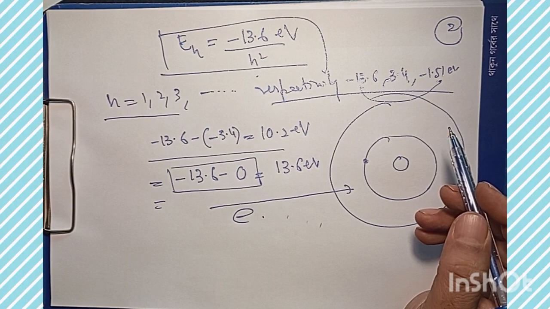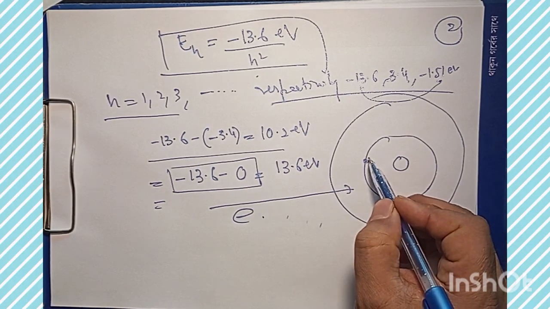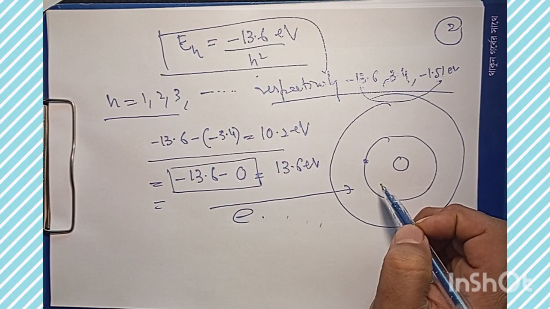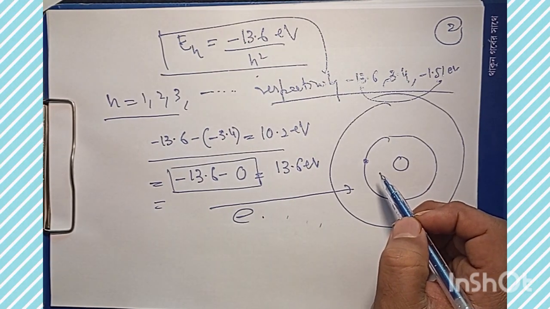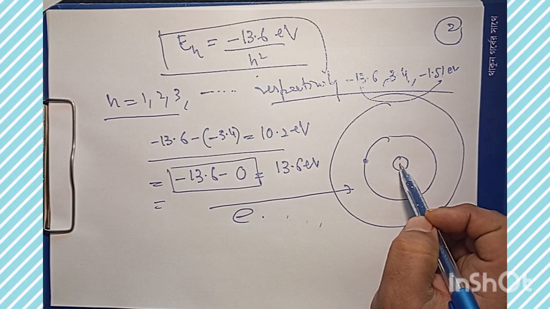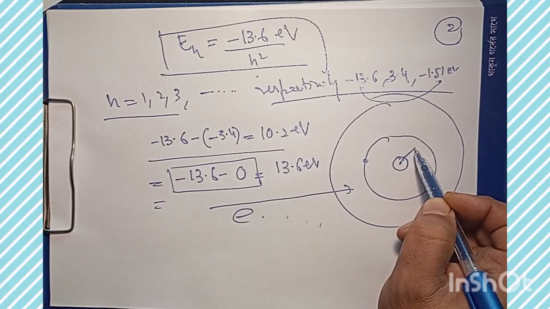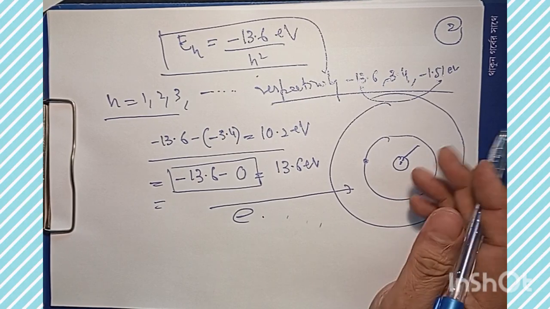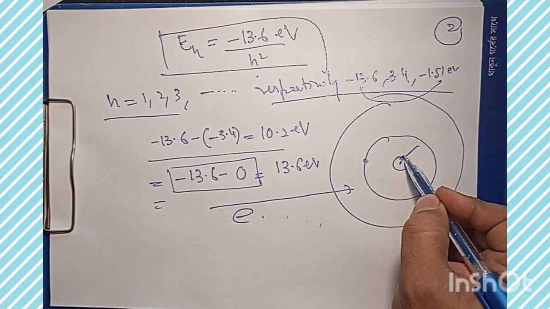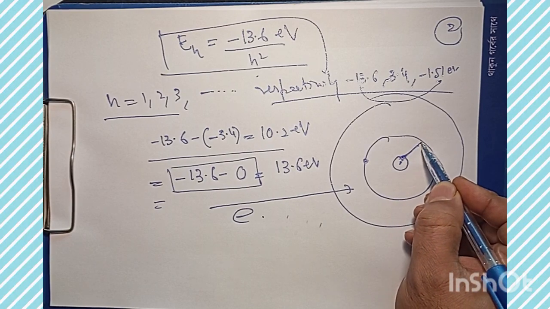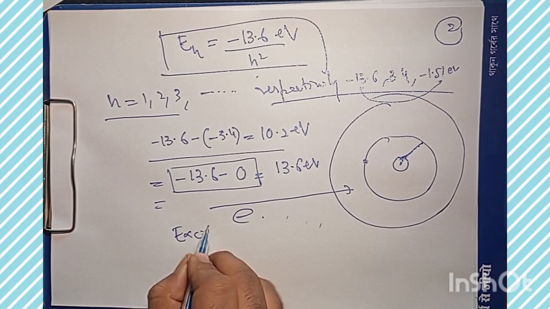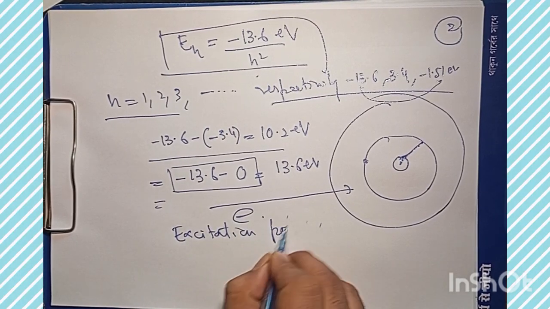The minimum accelerating potential that we impart to the bombarding electron, giving it energy sufficient to excite a given atom to the next state, from the first orbit to the second orbit or some other orbit, we call that thing the excitation potential.